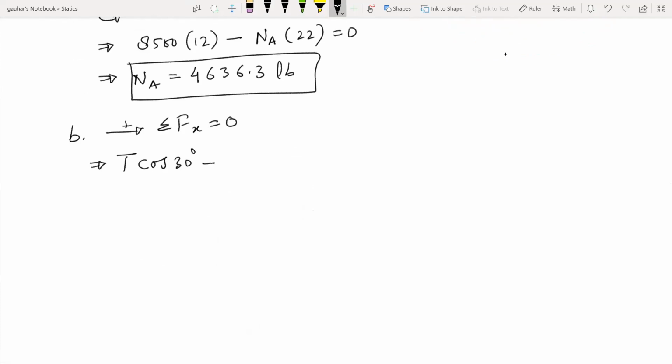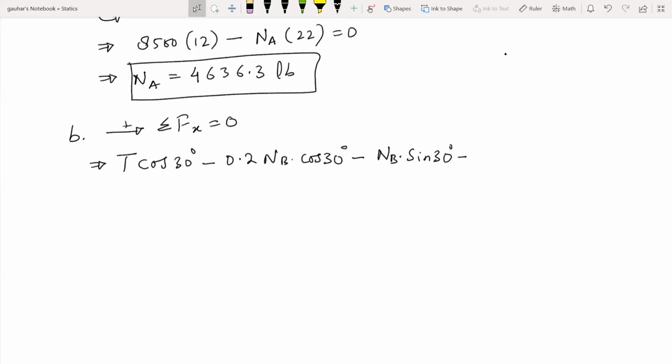Then the x component of F sub B, which is 0.2 times NB times cosine of 30 degrees. Then we have the x component of N sub B, which is NB times sine of 30.